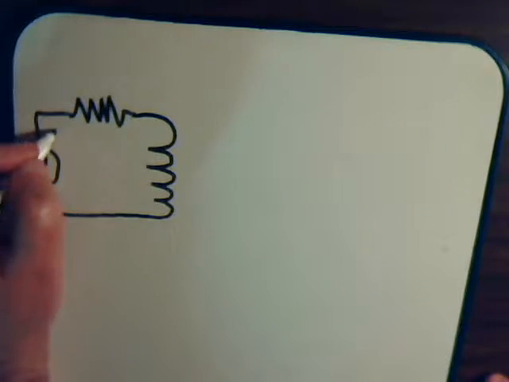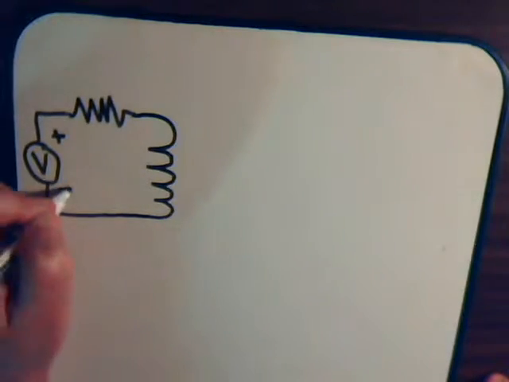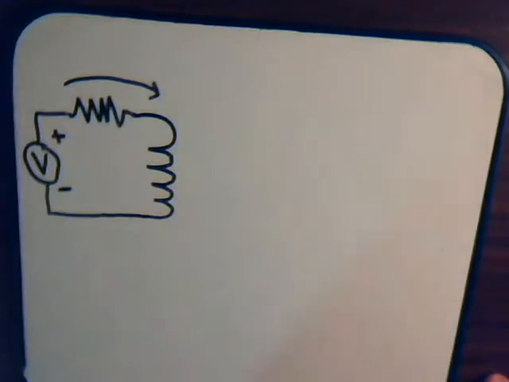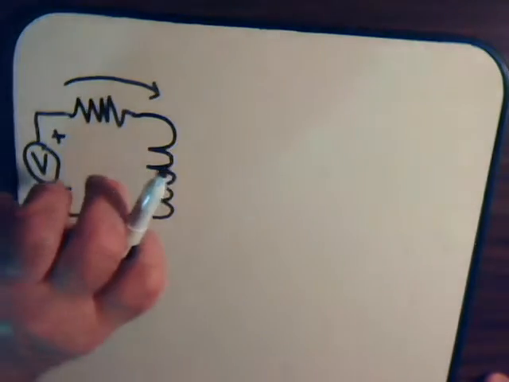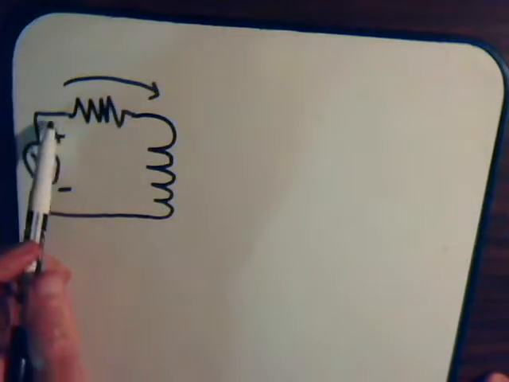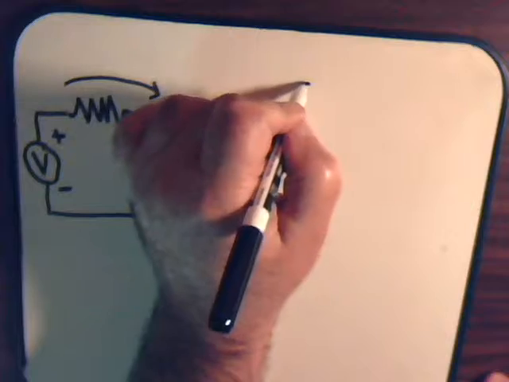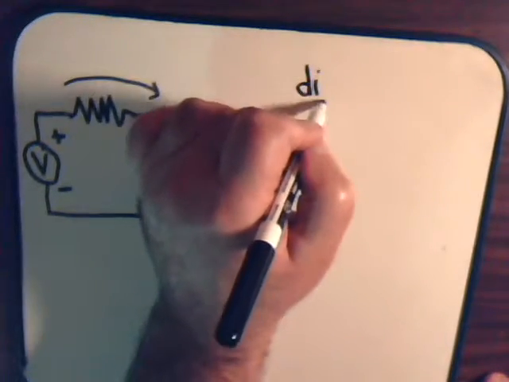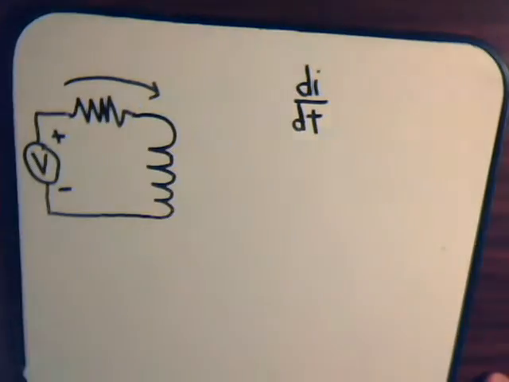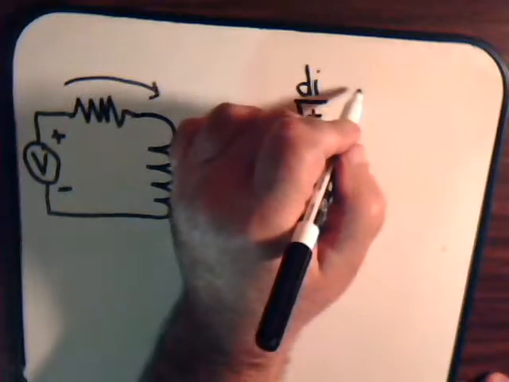Let's say the polarity is like this, so that will put out a current like this. And if I'm turning this dial so that I'm increasing this, therefore the current is going to be increasing, so the rate of change of it, designated like this, that too is going to be increasing.